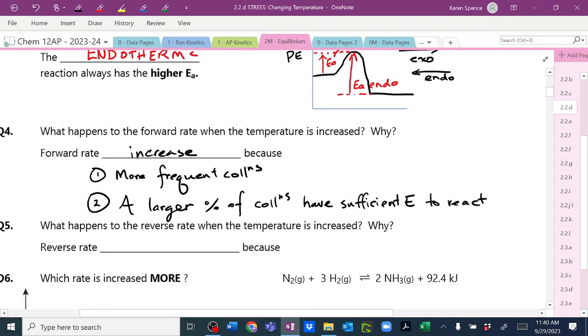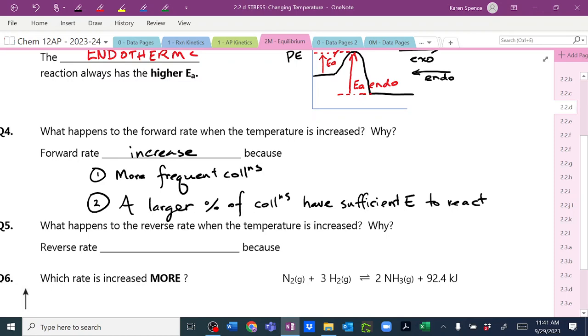What happens to the reverse rate when the temperature is increased? I only got like 3 people answering me. You should all be able to tell me when I increase temperature, what happens to rate? It increases.